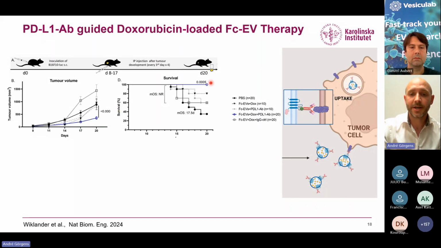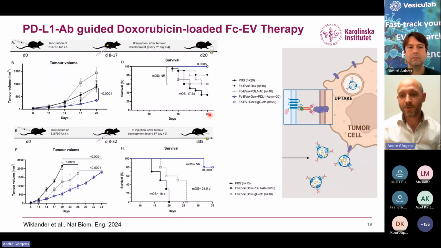So we had 100% of the mice surviving in the Fc-EV PD-L1 antibody doxorubicin group, as compared to the PBS only control group, where only 30% of the mice survived.